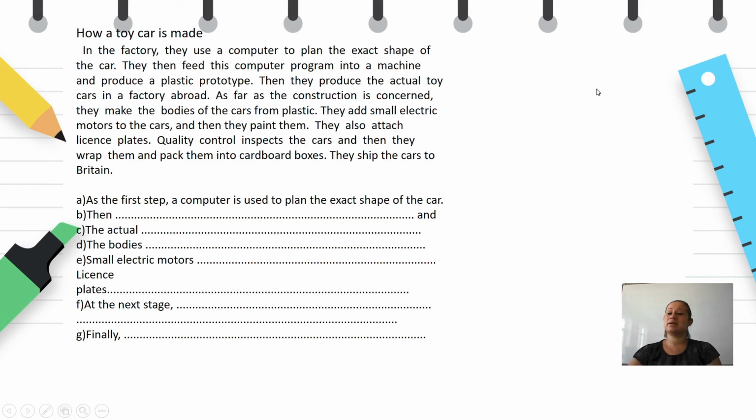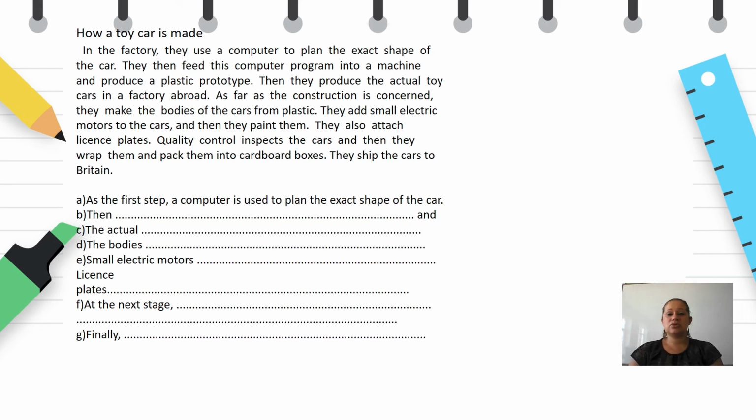How a toy car is made. In the factory, they use a computer to plan the exact shape of the car. They then feed this computer program into a machine and produce a plastic prototype. Then they produce the actual toy cars in a factory abroad.